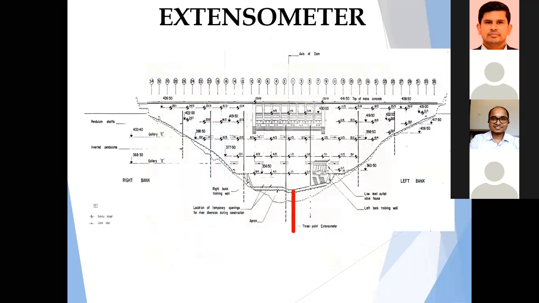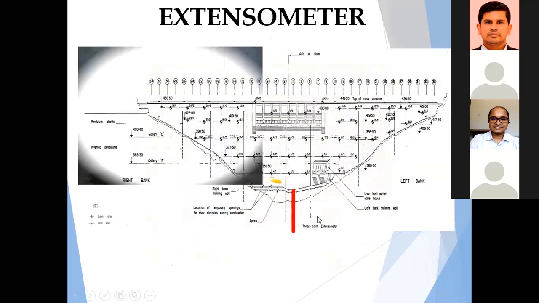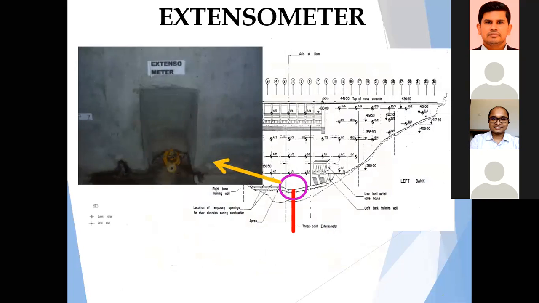Extensometer. Here you can see the extensometer location. The extensometer is used for the measurement of foundation displacement with respect to the gallery G foundation floor level. You can see the extensometer located in the bottom gallery.